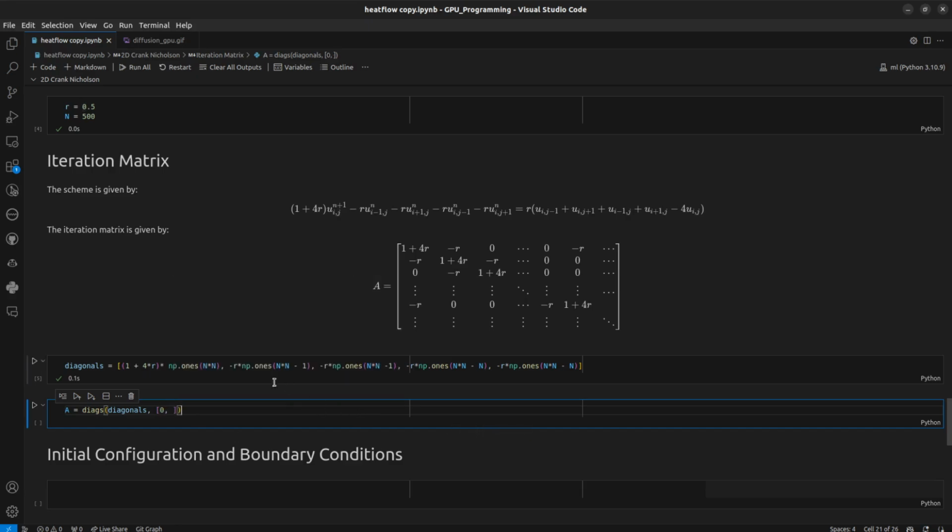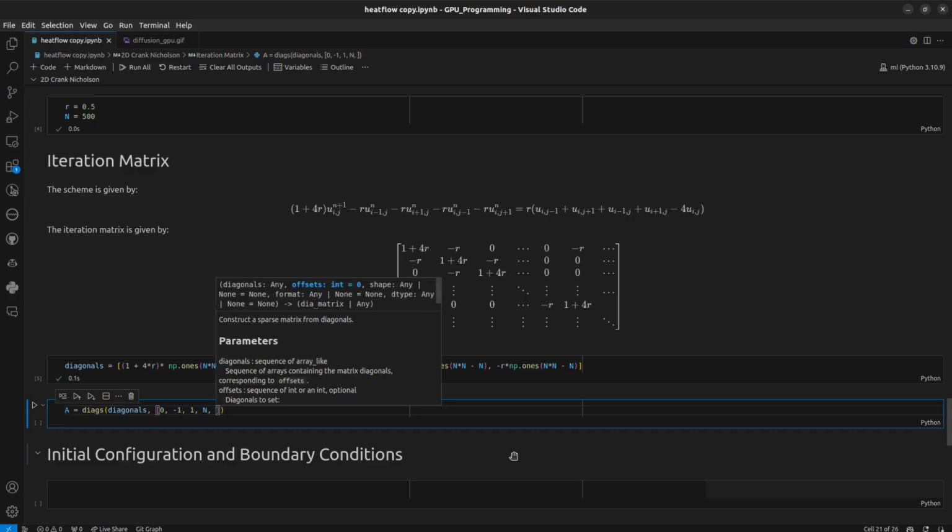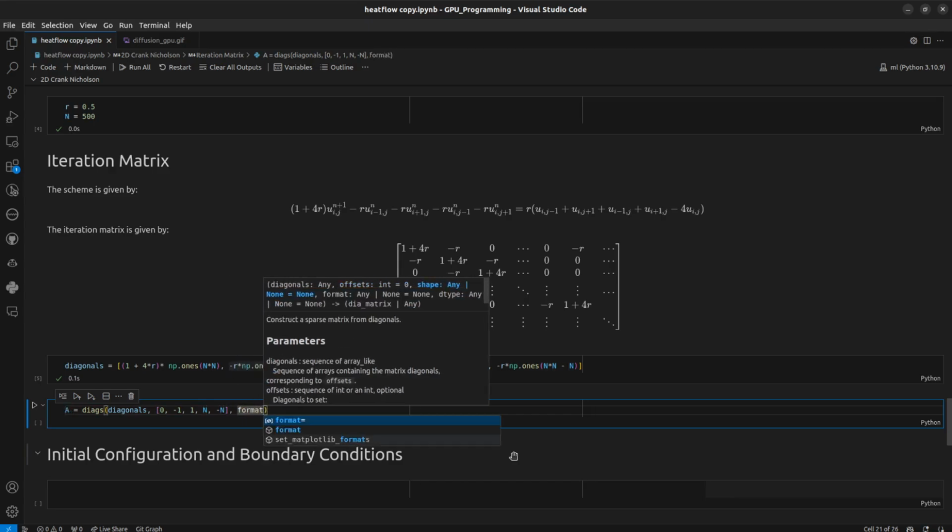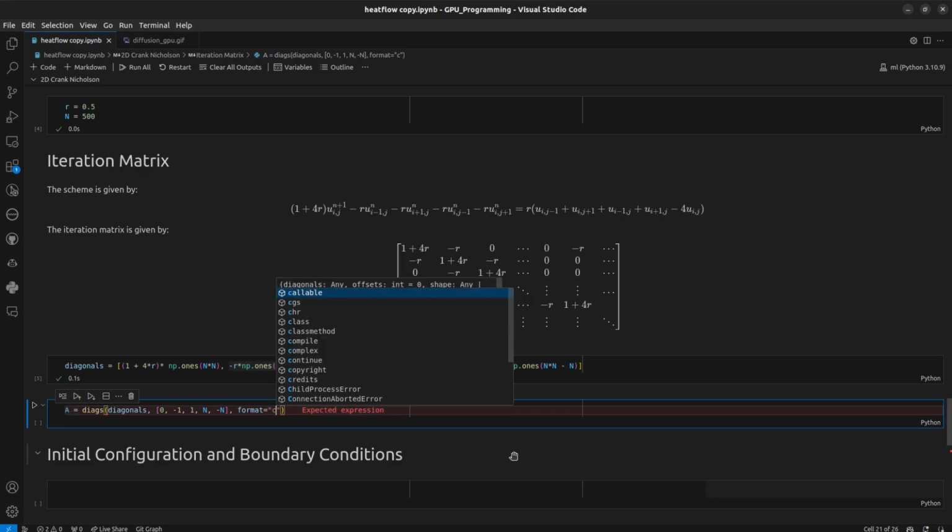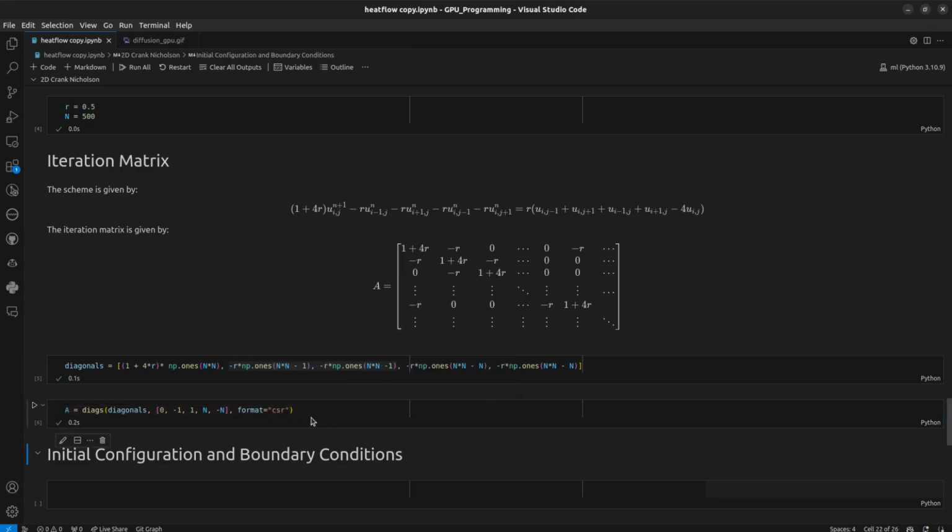Then we have the two first off diagonals, so that's -1 and 1. Then we have these far off terms. They are going to be n and -n. And for a solver, it's going to be good if we use a certain format to store it, so we're just going to give it here in the constructor.